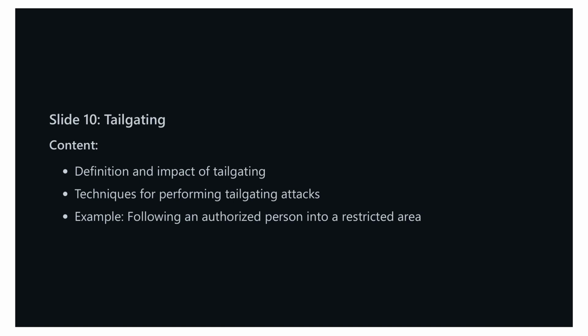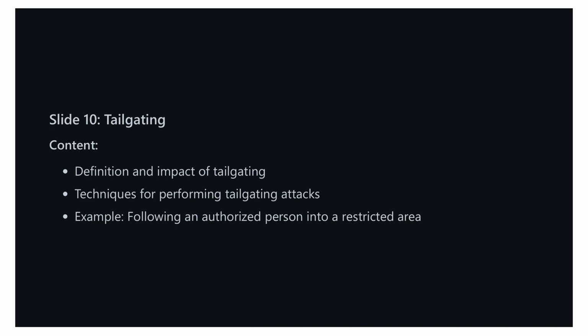So, what is tailgating? In the context of security, tailgating refers to the act of an unauthorized individual following an authorized person into a restricted area without explicit permission. This seemingly simple act can have a significant impact on organizational security because it could grant unauthorized individuals access to sensitive information or secure locations.